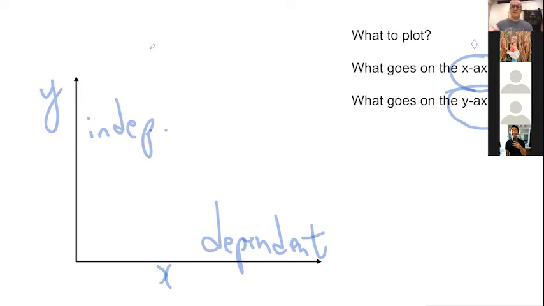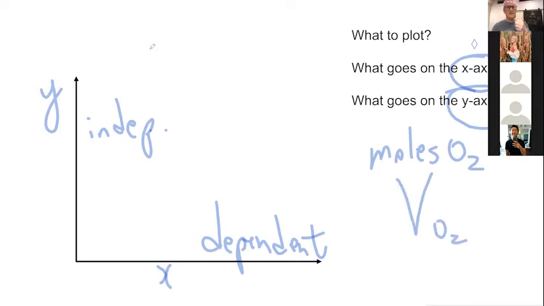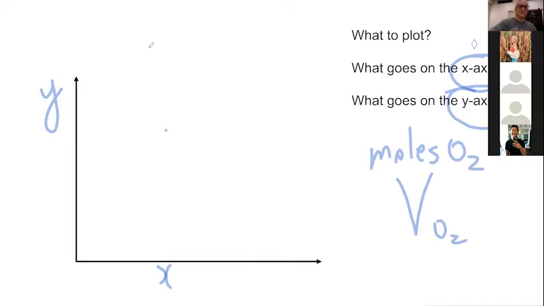Because we have two things: moles of O2, which we're going to calculate, and volume of O2. Which one is the dependent variable? Oh, sorry, even I screwed that up. I get this wrong all the time myself. I apologize. Independent variable goes on the bottom. See how easy it is to screw it up. So independent on the bottom, dependent on the y-axis.